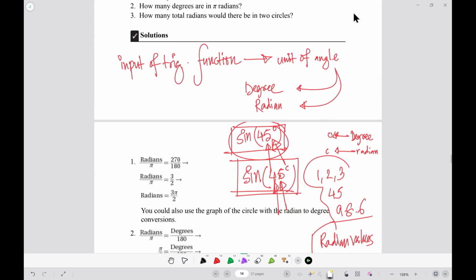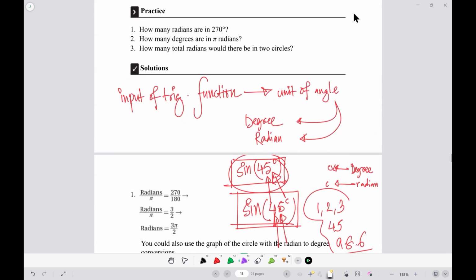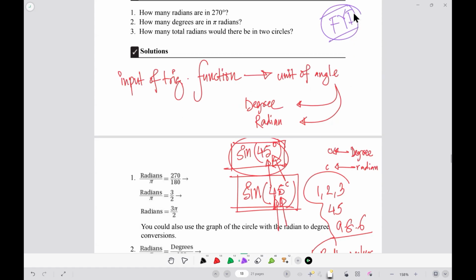But for your information, for any kind of angle, you can give the input in degree and in radian. And the most important thing we will deal with is the input of a trig function.